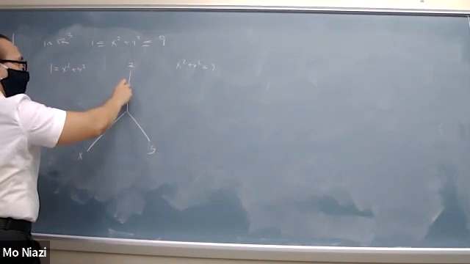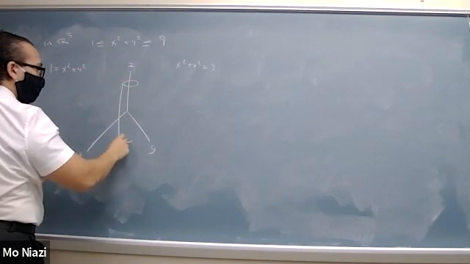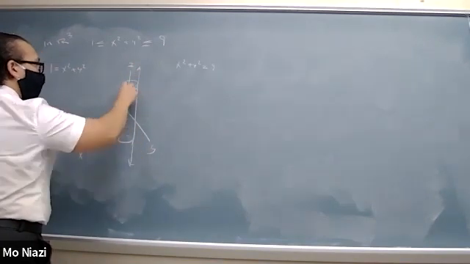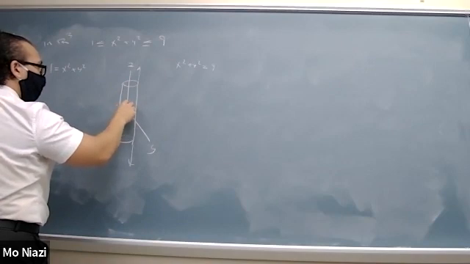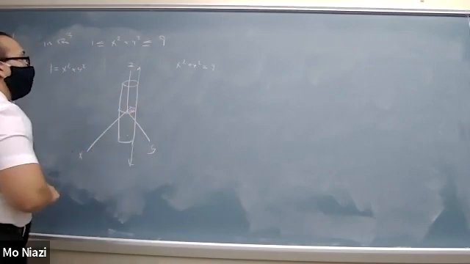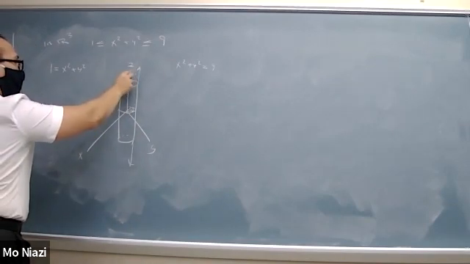I'll start with the inner region. This inner region will create a cylinder going to infinity of radius equal to 1. This is the inner one. And then you're going to get a larger one over here.